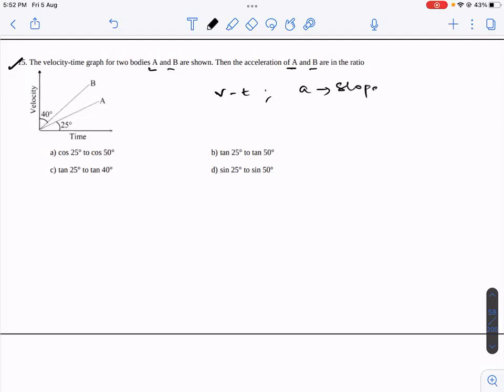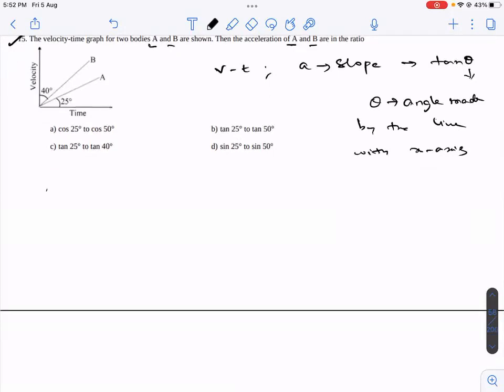It is the slope. But what is slope? Slope is tan theta. Where theta is the angle made by the line with x-axis. Am I right? Yes.